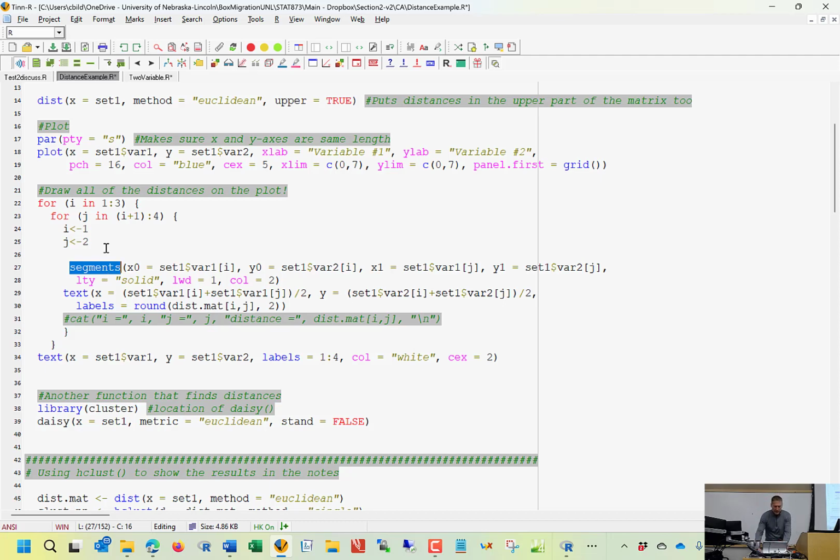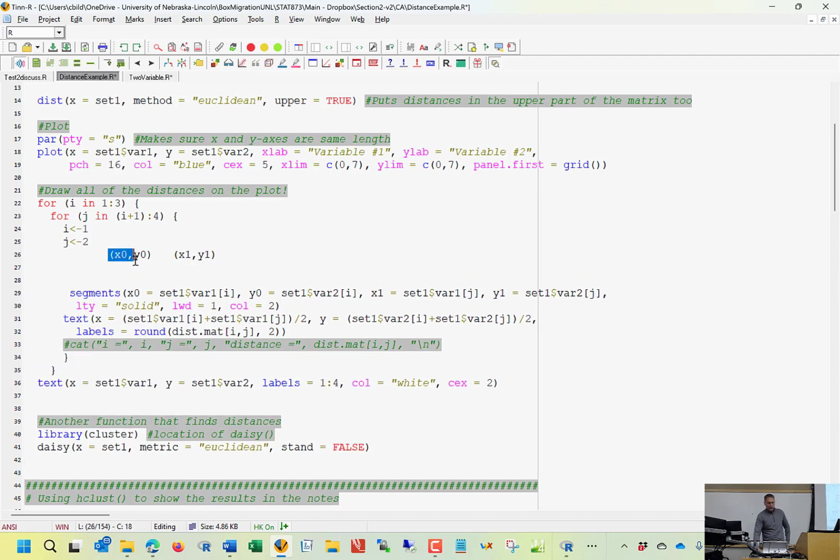The way the segments function works is that imagine you have 2 points on my plot. One is going to be at, let's say, x0, y0, in terms of the x-axis and the y-axis.